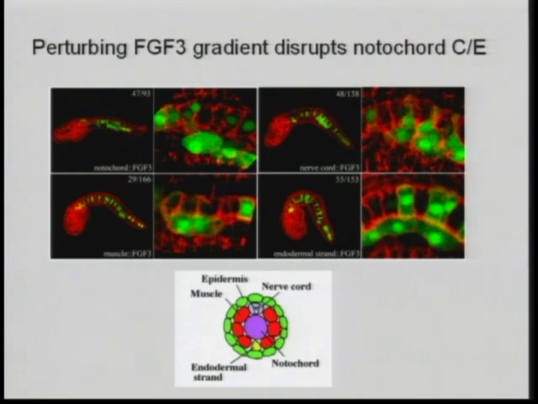In all these cases, you can see that notochord convergent extension is defective. You see cells that did not integrate into a single row, but end up wandering in other places. So this suggests that you not only need an endogenous FGF3 gradient, but the gradient also needs to be precisely regulated.